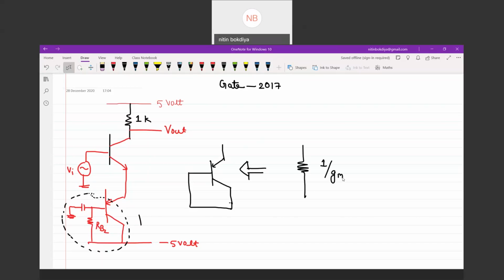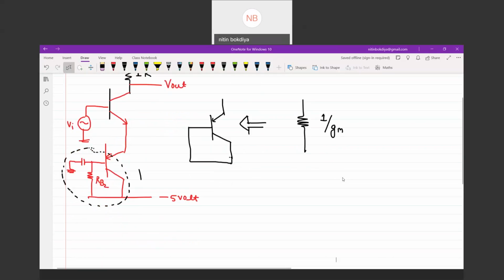How? Let us see. At first we are having this: minus plus V pi across R pi, this is the emitter.